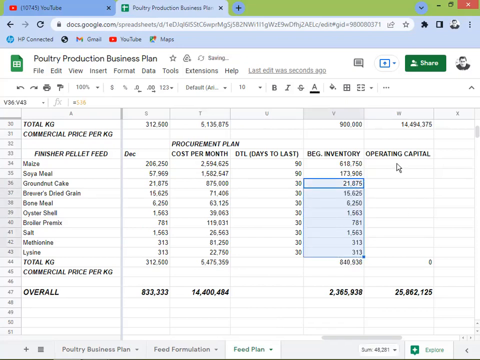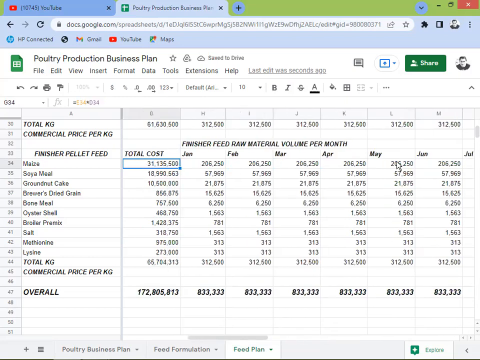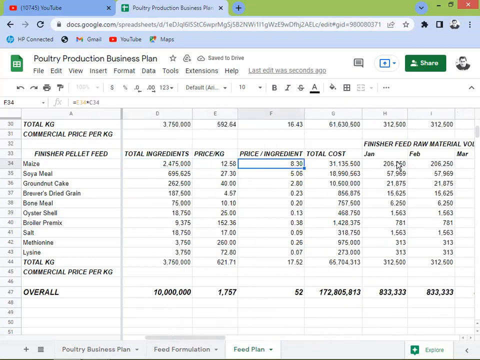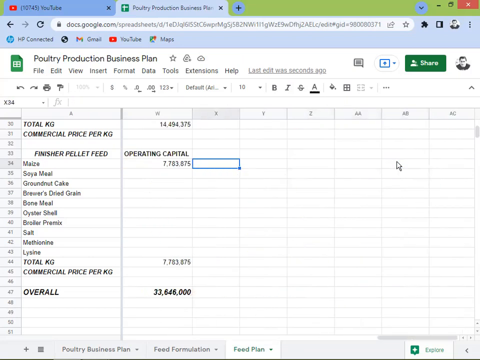Then the money requirement, our budget for the first quarter for finisher, is that one multiplied by E34. E34 is what? E34 is price per kilogram. Oh, that's correct. Then copy it.